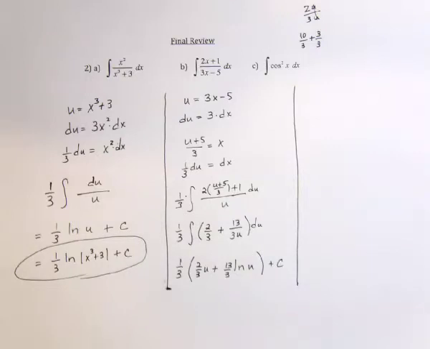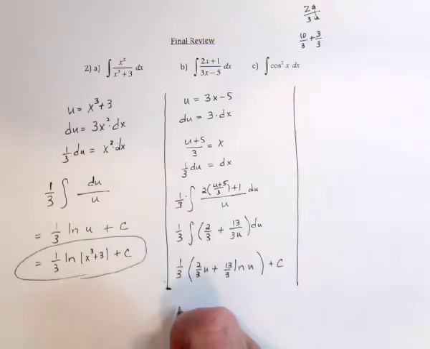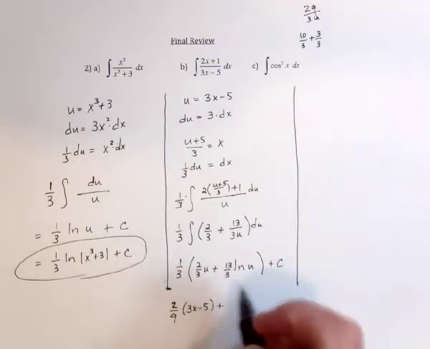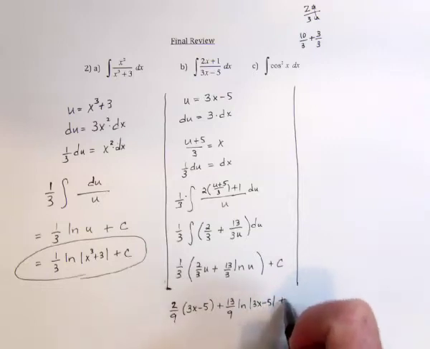And then the last thing to do is replace the u's with 3x minus 5. Oh, and also distribute this. So it's going to be 2/9 times 3x minus 5, plus, distributing, 13/9 natural log of 3x minus 5, plus c.